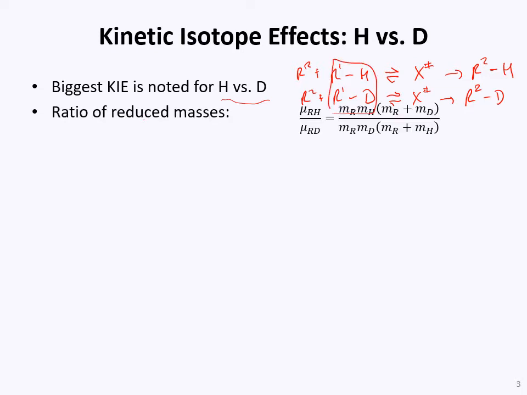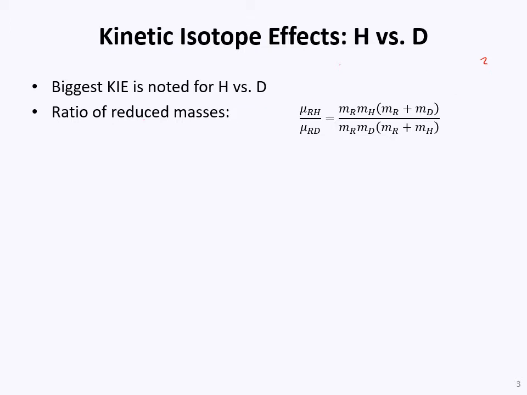Okay, so what we can do is ask, what is the difference in the reduced masses? Because this will feed nicely into that equation for the frequency of vibration that we had a second ago. And I'm just going to erase this stuff so that it doesn't get in the way of some of these equations, and so I can use it again. So we've got this ratio of reduced masses.